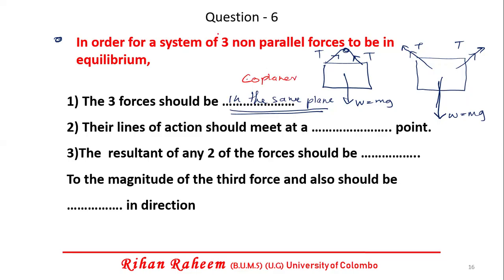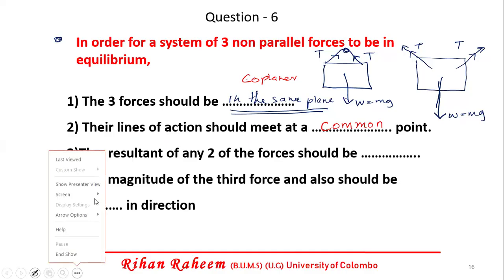Not collinear. Someone has put collinear. Collinear means it's in the same line. Coplanar means it's in the same plane. Their lines of action should meet at a common point. Now, wait, we'll draw an extended version of this.